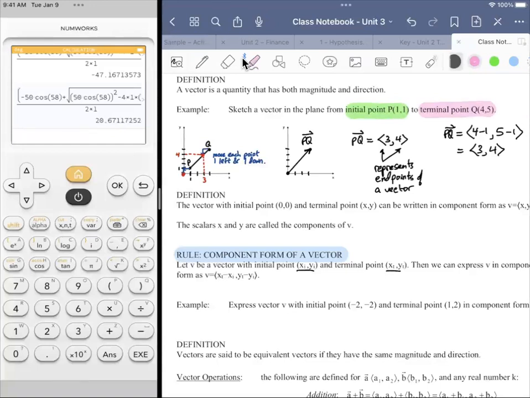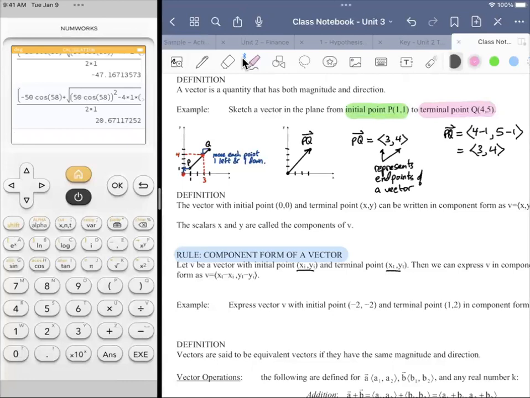I misspoke earlier when I said that it didn't matter what order you subtracted in, in the sense that vectors have magnitude and direction. You need to do terminal minus initial in order to get the direction part of it. But in terms of the magnitude, it doesn't matter what order you subtract in, because whether it's pointing to the upper right or lower left, or upper left or lower right, it's the distance that matters.